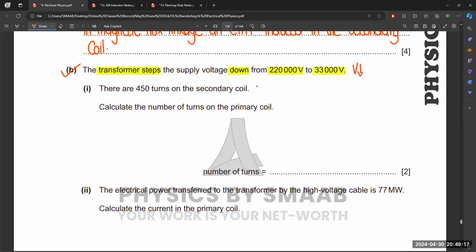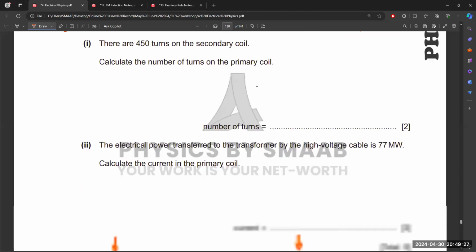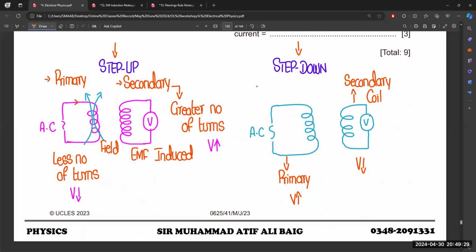So this is the voltage of the primary coil, because in the primary coil we have a large number of turns, but in the secondary coil we have fewer turns. This is a step down. So in primary we have a large number of turns, high voltage.